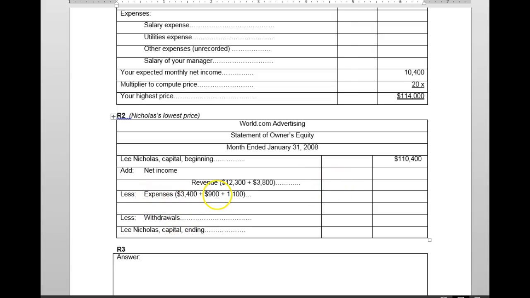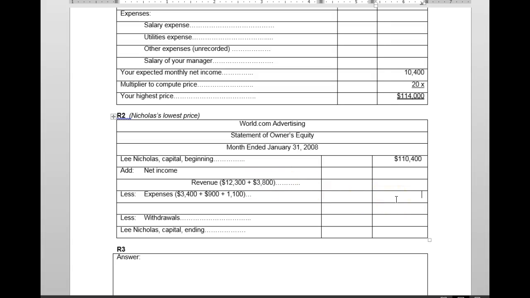You're going to look at these expenses, which were given, plus that $1,100, and then that's going to give you an amount for your expenses.